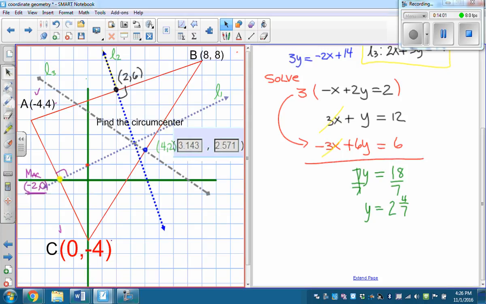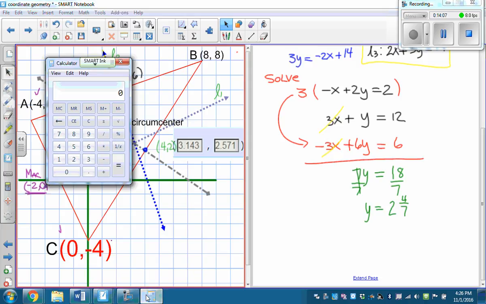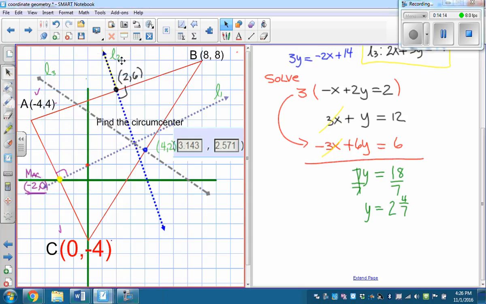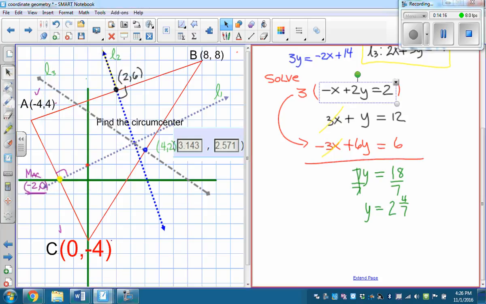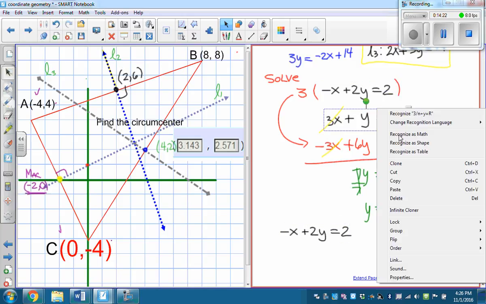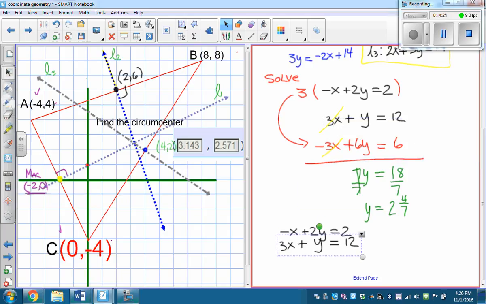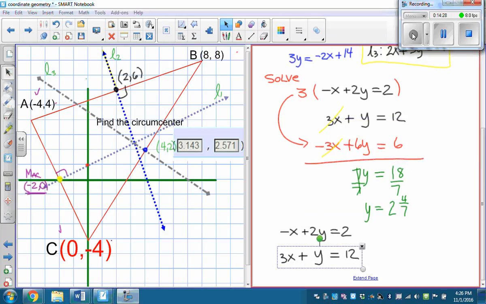So let's see, it should match that value. So 18 divided by 7 matches. And then I'm going to repeat the process and do elimination with the same two equations. But this time, I'm going to eliminate y.